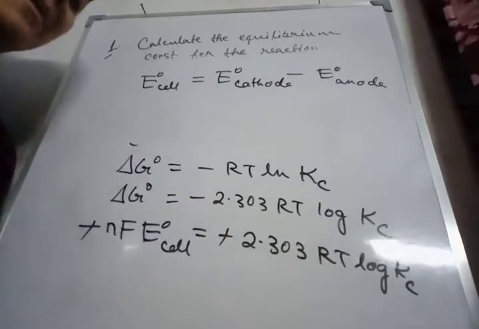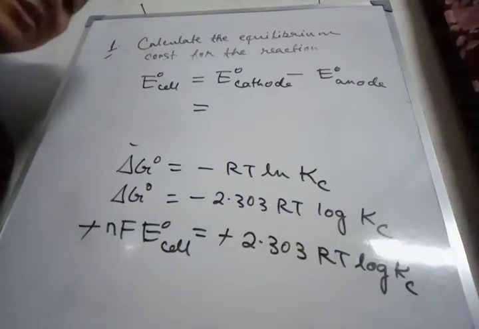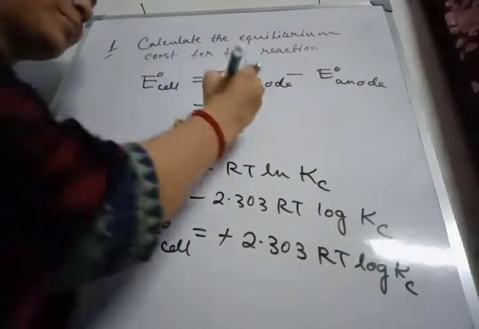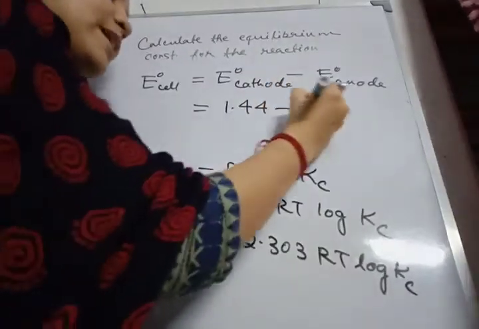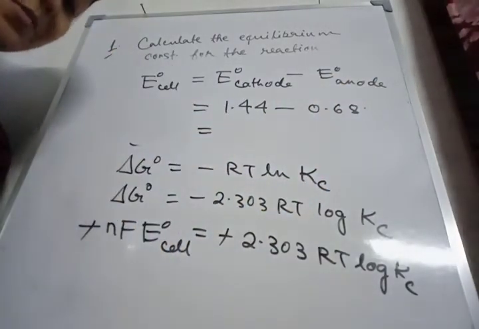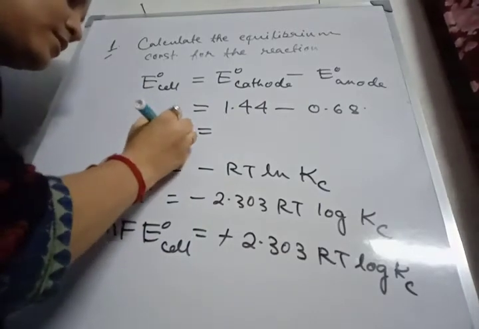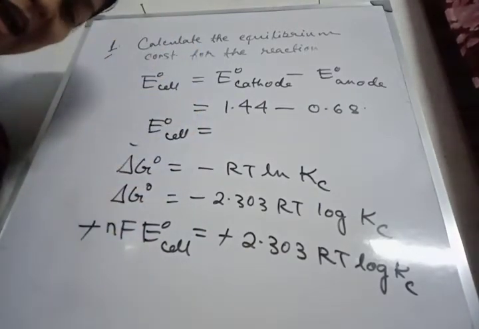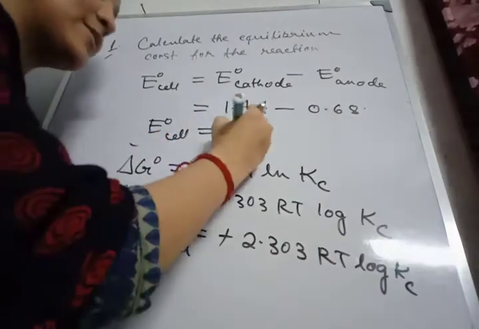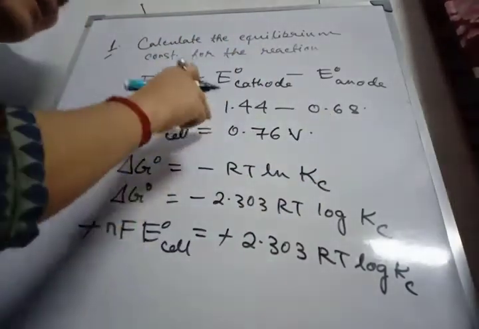Here Ce4+ undergoes reduction, so the Ce4+/Ce3+ system acts as cathode. That means 1.44 minus 0.68. So what is the difference? E0 cell is calculated as 0.76 volt. Now we'll apply this in the formula.